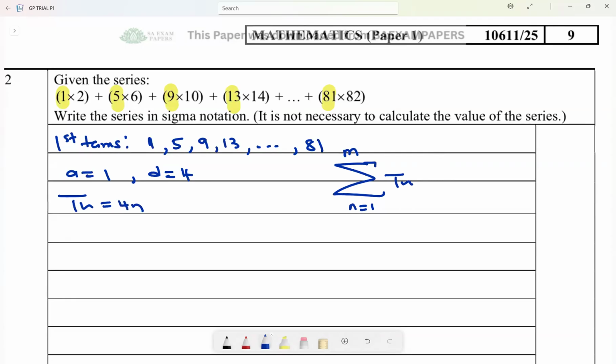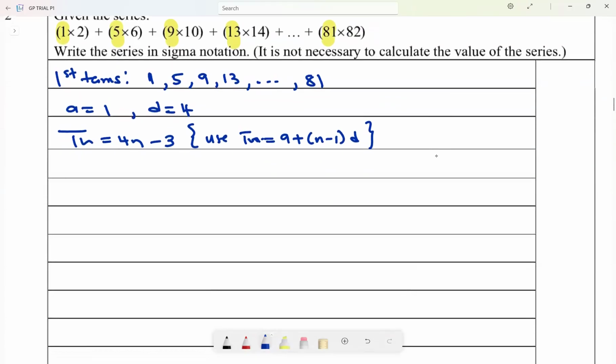So it is 4n, and then first term minus the difference, which is our c: 1 minus 4, it is minus 3. You can use Tn is equal to a plus n minus 1 d, and then you'll get this.